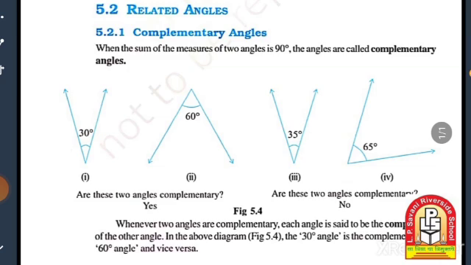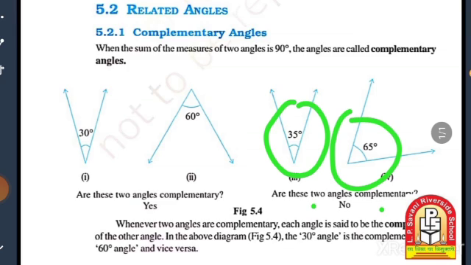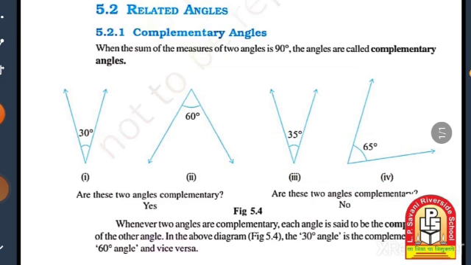And next, are these two angles complementary? No, because 35 plus 65 is 100. So here it is not possible. That is not a complementary pair.